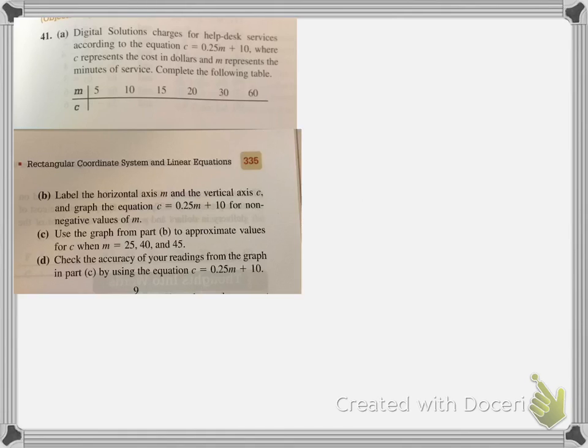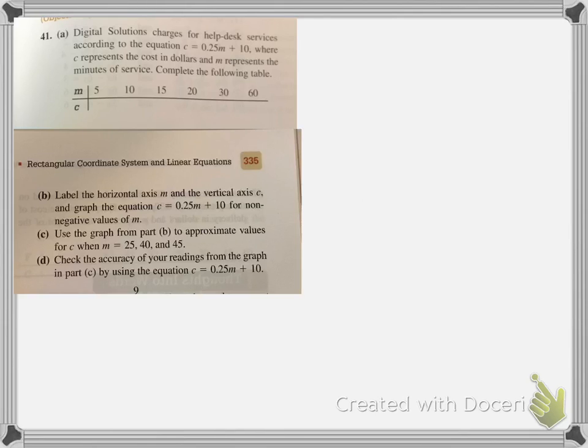Okay? So here, I've got digital solutions charges for help desk services according to the equation C equals 0.25M plus 10. C represents the cost, M represents the minutes of service. Complete the following table. So you can pull out your phone and you can use your calculator, but I want you to figure out how much money it's going to cost you to be on the phone with the help desk for 5 minutes.